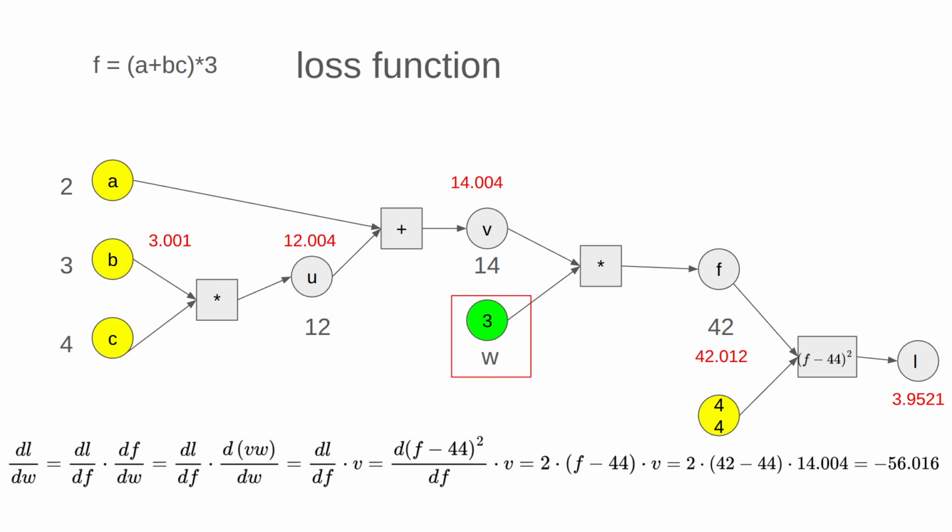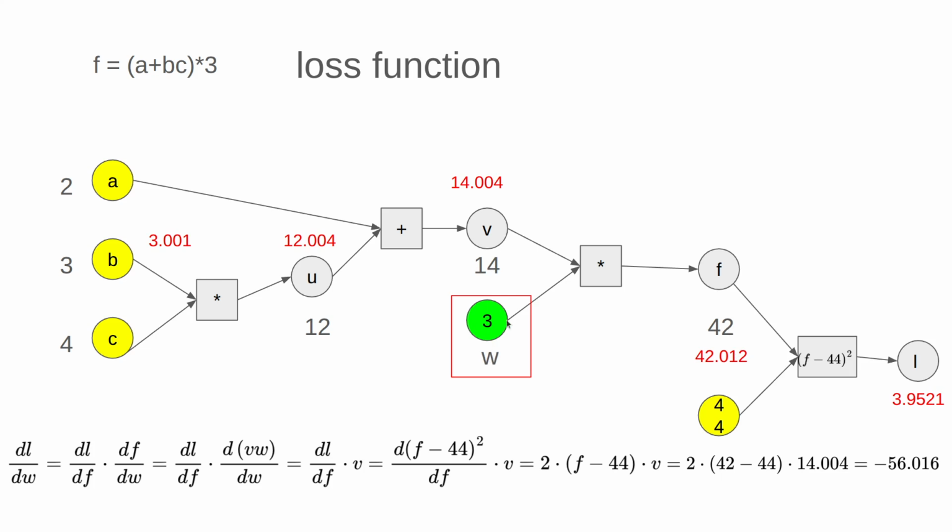Since here we know that the value is negative, we need to increase the W to make F close to 44 here. It's obvious because this is 14 multiplied by W, so we need to increase this value to make F bigger. But we cannot increase the W too much.